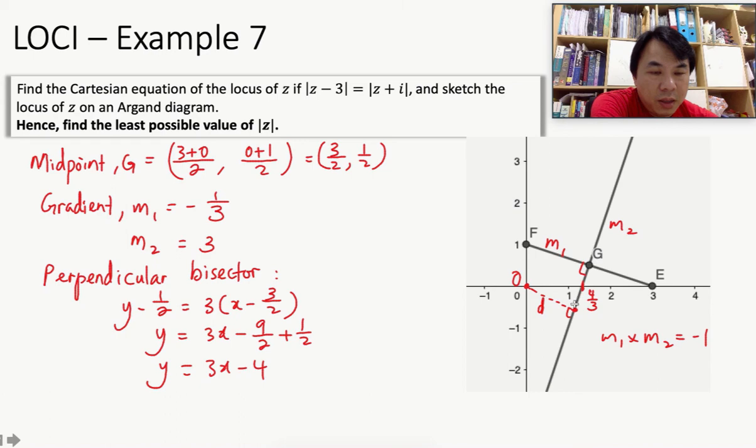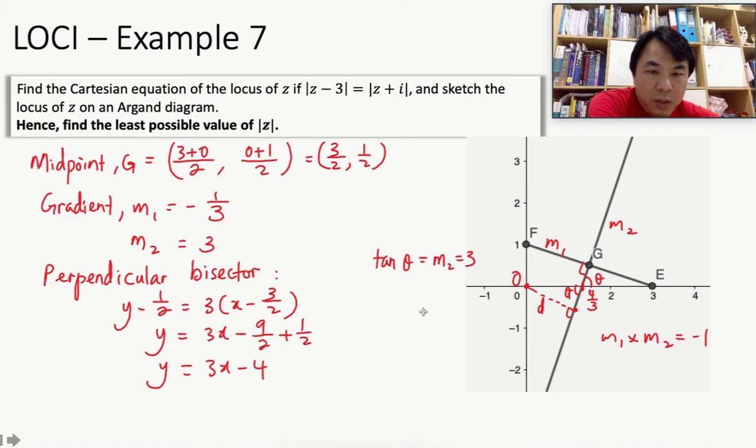If we knew this length, then we could obtain this using Pythagoras' theorem. But we don't really need to know that length at this point. All you need to do is figure out this angle here. This angle is the same as this angle here. Therefore, I'm going to make a remark: tangent theta is basically the gradient of that perpendicular bisector, which is equal to m2, which is actually equal to 3. So that is our tangent in this case.